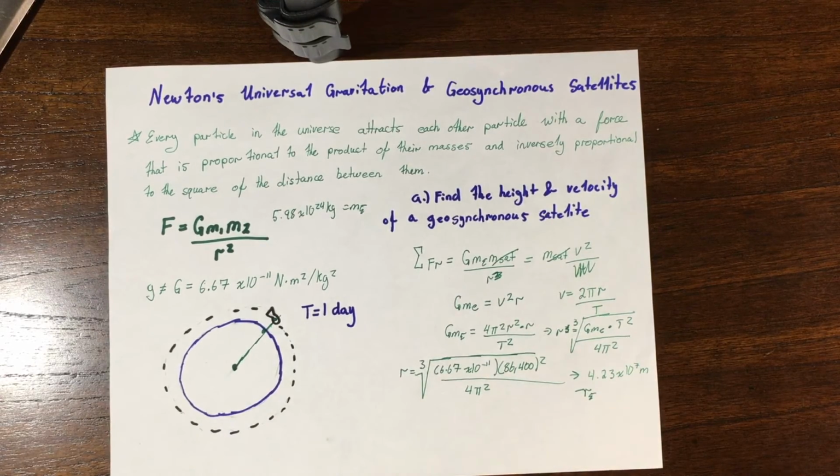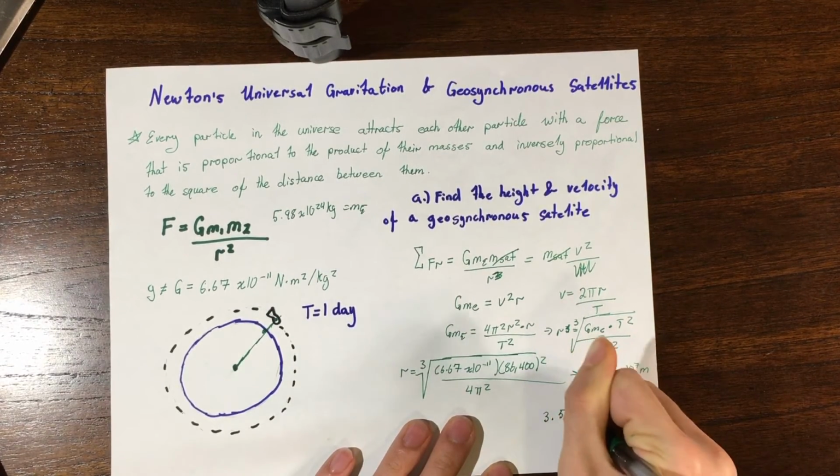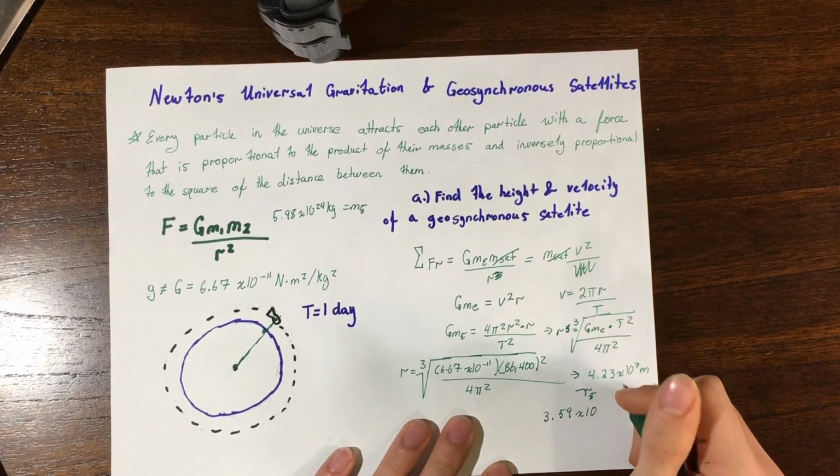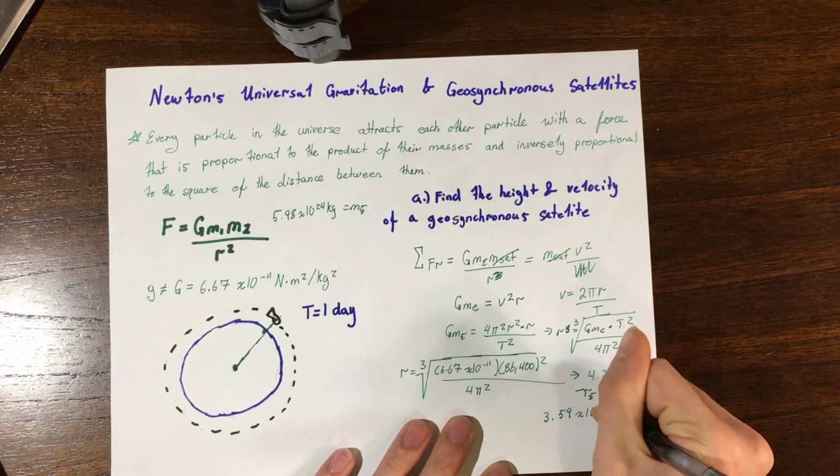So we subtract 6,380 times 10 to the 3rd, converting to meters, from 4.23 times 10 to the 7th, and we get 3.59 times 10 to the 7th meters.